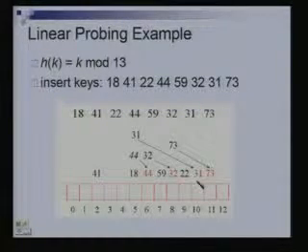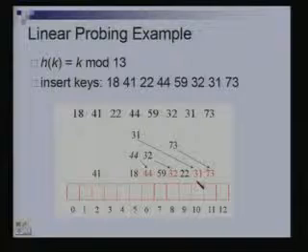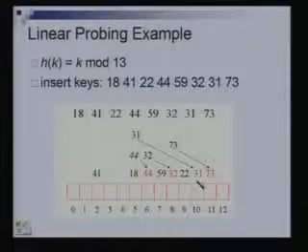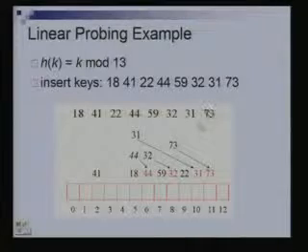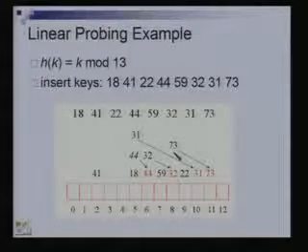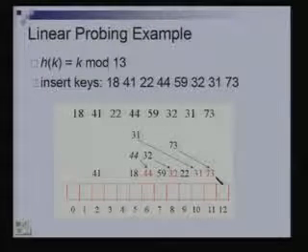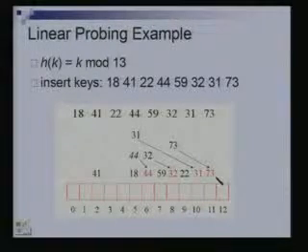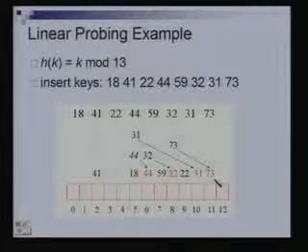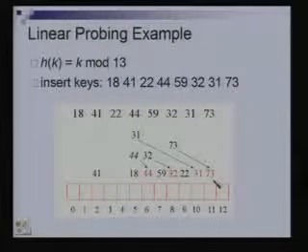So we go to the next location, which is empty, and we put 31 here. 73 mod 13 is 8. So we check for 73 here. This location is occupied, this location is occupied, and so we have to put 73 at this location. Okay, so a very simple idea.